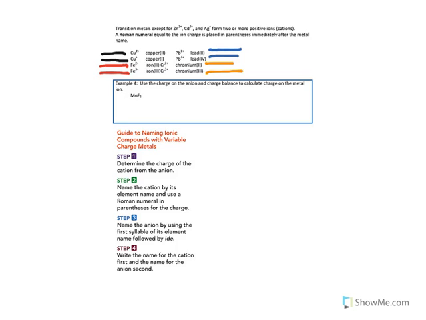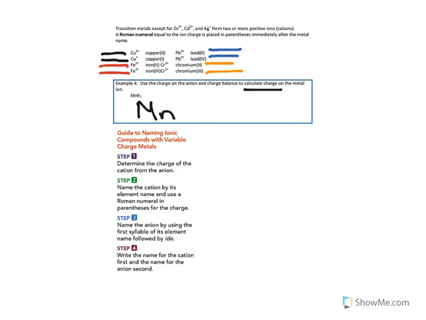To name a compound, to take the formula and write the name, we use the charge on the anion and charge balance to calculate the charge on the metal ion. For example, MnF2. Manganese is a transition metal, meaning it can form more than one charge, so we don't necessarily know the charge on the manganese.